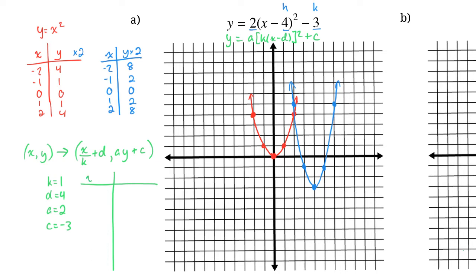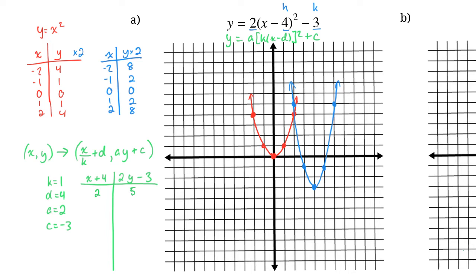So we're going to add 4 to every x value, and then all of our y values are going to be multiplied by 2, and then we're going to subtract 3. So we're going to apply these transformations to our first point, -2, 4. So -2 plus 4 is 2, positive 2. 4 times 2 is 8, minus 3 is 5. So 2 and 5 is our new point.